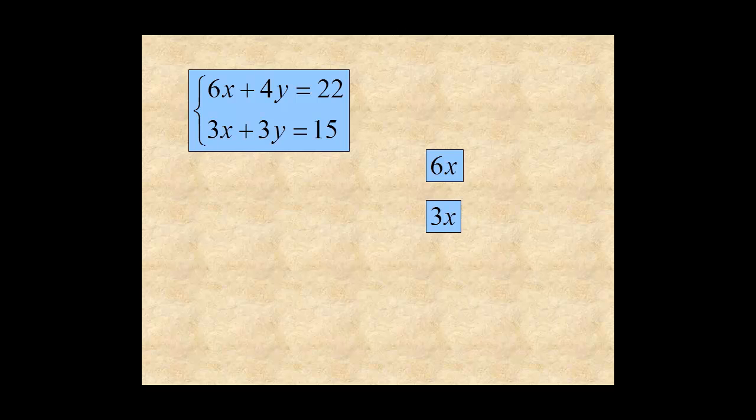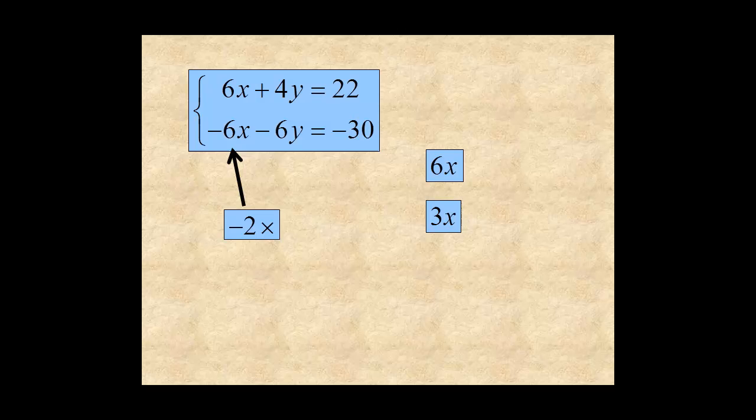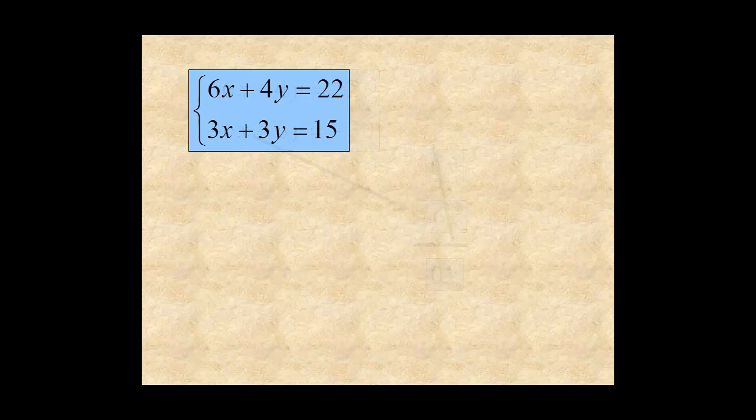If you multiply the second equation by -2, you get -6x. Add them together, and the x variable is eliminated. That's the general strategy. Here are the details.